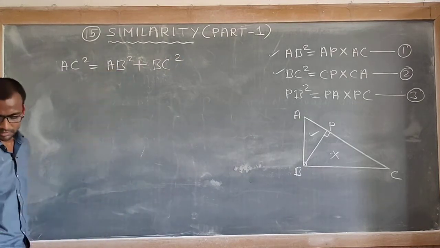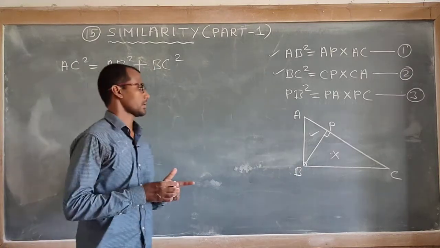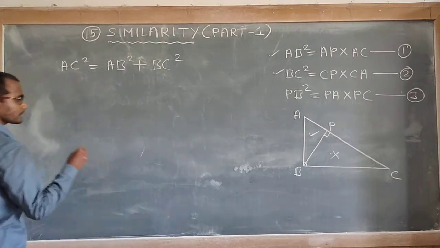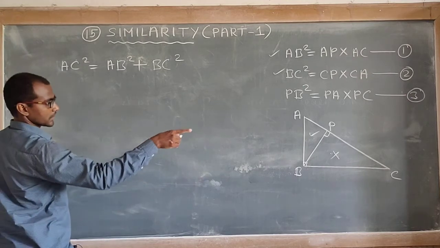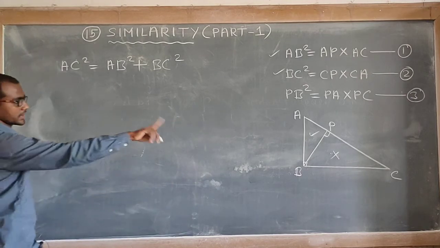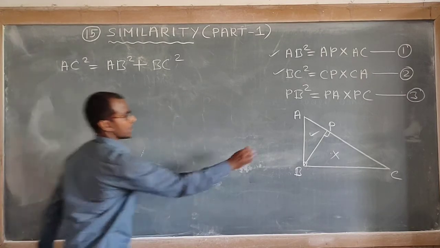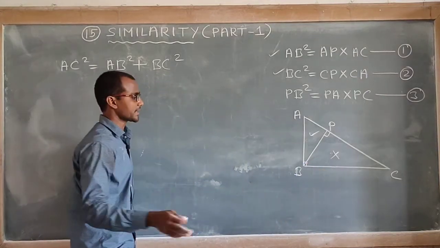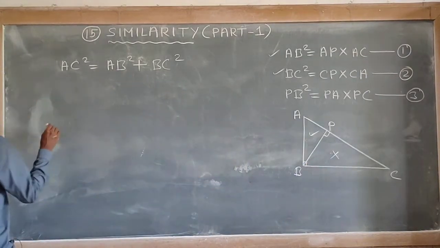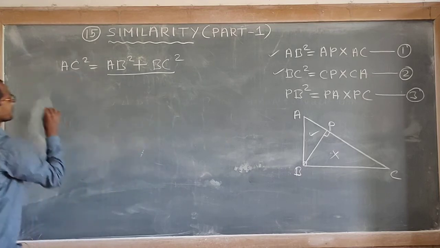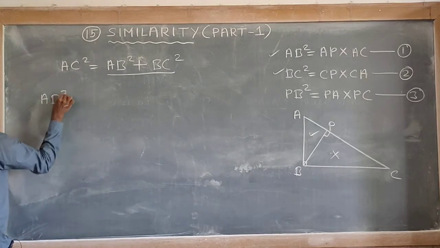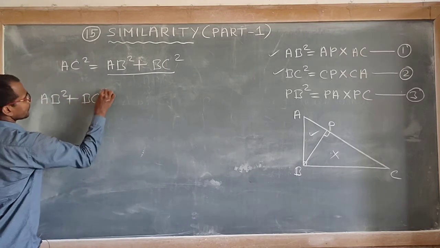We will get this from those two equations. So let us use them. In this triangle, AC is the hypotenuse, AB and BC are the sides containing the right angle. Let us start from the right hand side: AB square plus BC square.